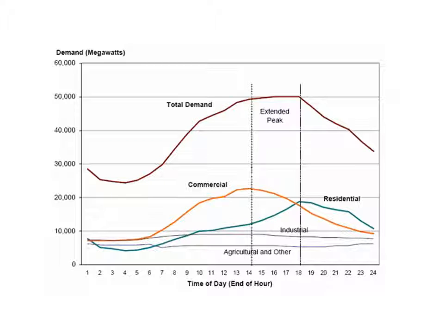Commercial electricity demand peaks in the early afternoon, and of course declines basically in the late afternoon, especially after 5 p.m. Residential electricity demand, I'm not exactly sure what region of the country this is for, but residential electricity demand here peaks at about 6 p.m. And this is definitely a summer electricity demand profile. And so when you add all the individual lines up together, you get this dark red line.